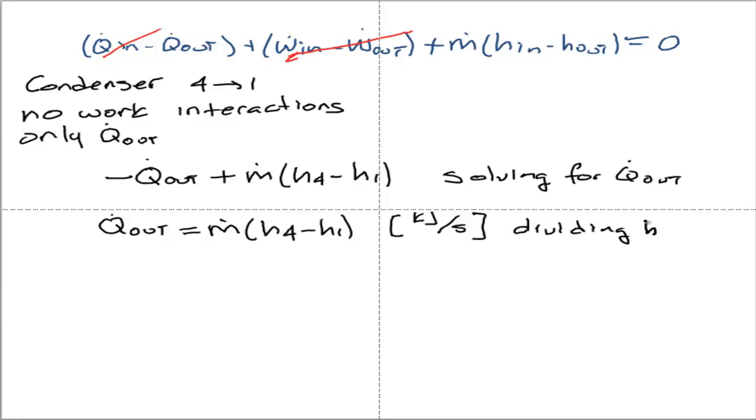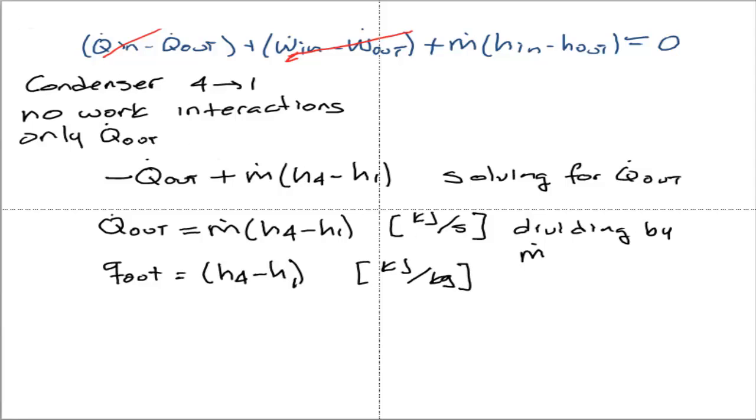If we divide by this mass flow rate, we'll have the specific heat leaving the condenser, and it will be just equal to the enthalpy difference, H4 minus H1. Again, the first one is kilojoules per second, while this is kilojoules per kilogram, being a specific heat leaving. Okay, well, this is the derivation of each of the energy balances for each of the components.